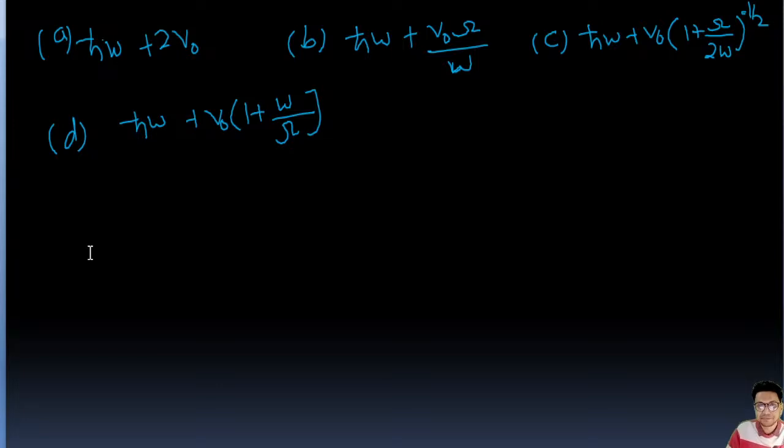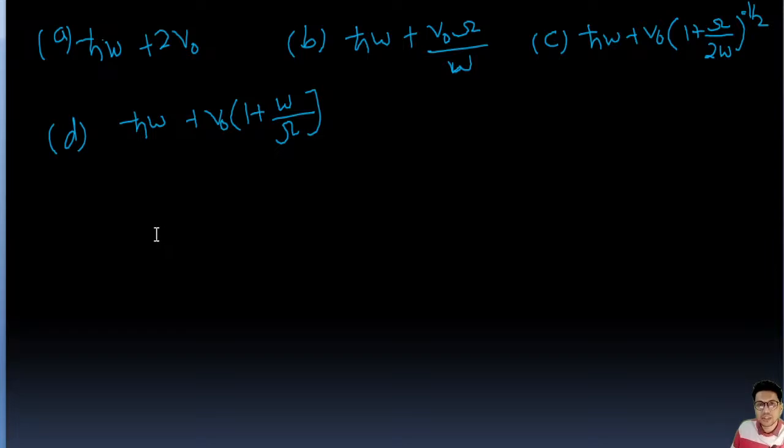So we know there are two bosons trapped in the harmonic oscillator, right? So there is a system of two particles in a one-dimensional harmonic oscillator, okay? So two bosons are there.